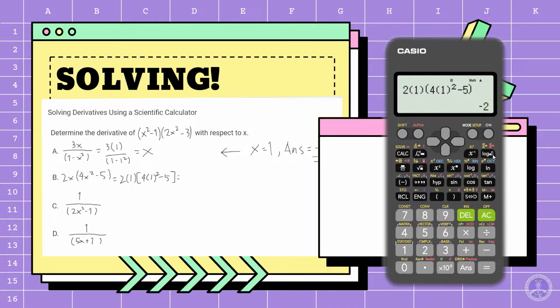So what's the result? -2. So we got our value of -2 on the calculator, meaning this is the correct answer. So the answer to this question is 2x times the value of 4x squared minus 5. There we go. That is how to solve for derivatives using a scientific calculator.